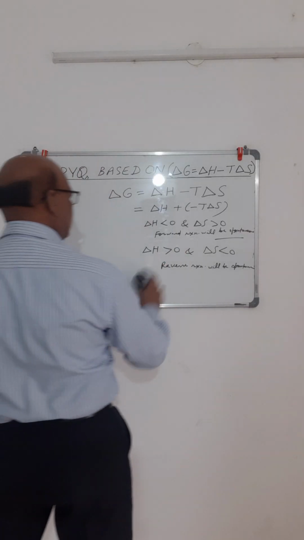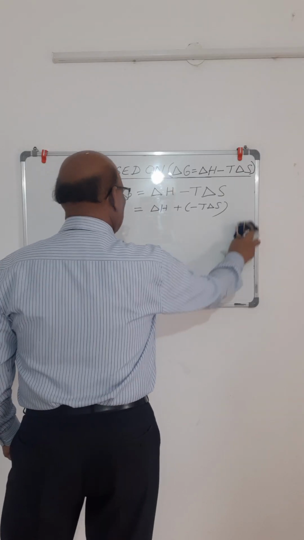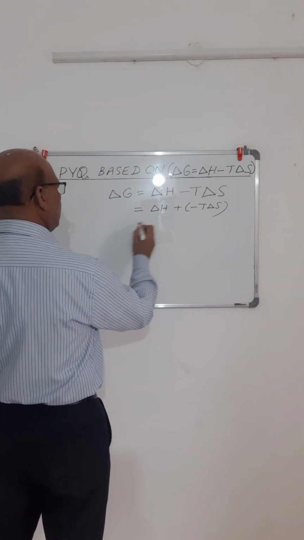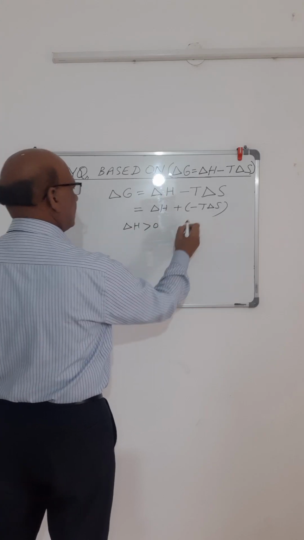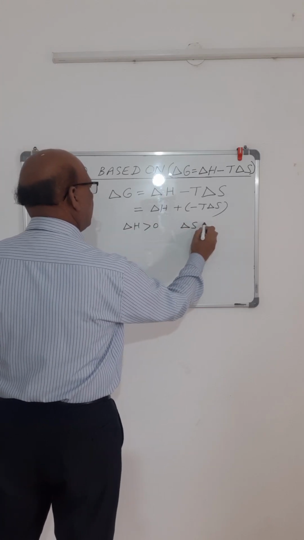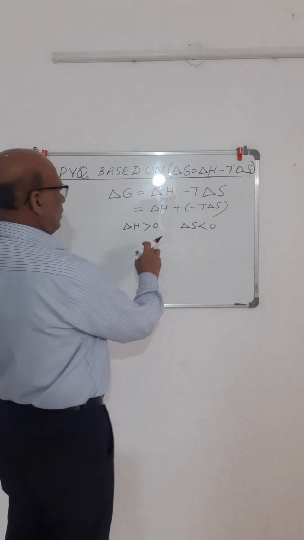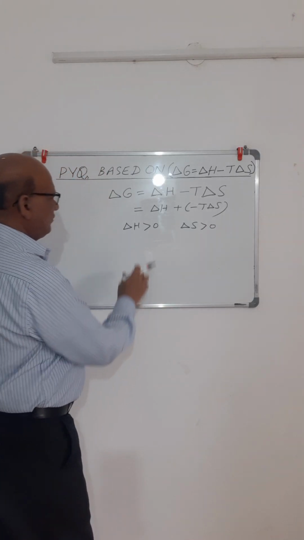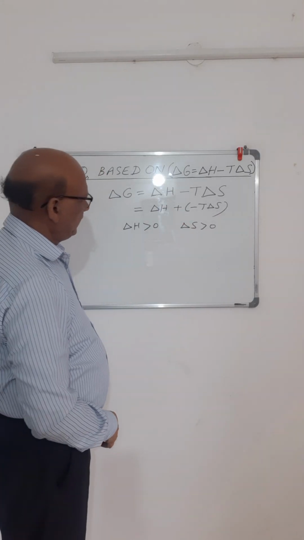Now we will take the case where one term is positive and the other term is negative. Suppose पहला हम केस लेते हैं when delta H is positive and when delta S is positive, means first term is positive and second term will be negative.